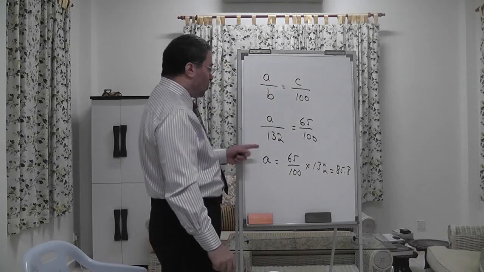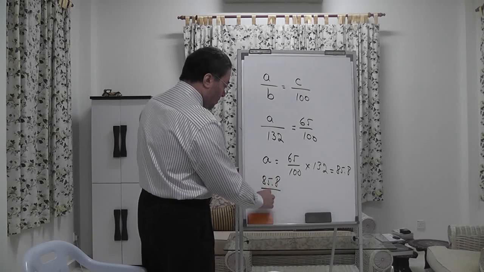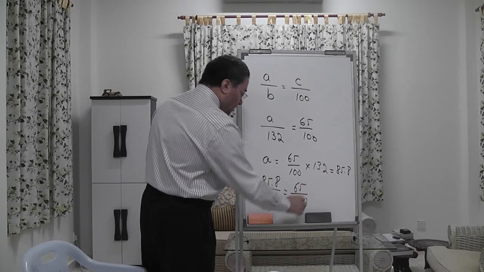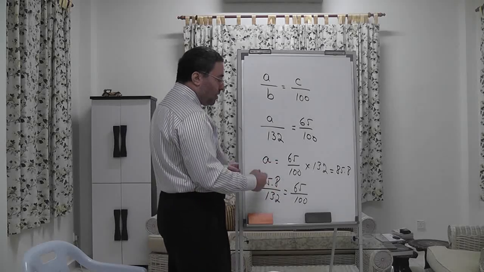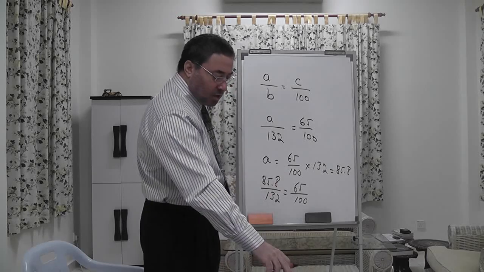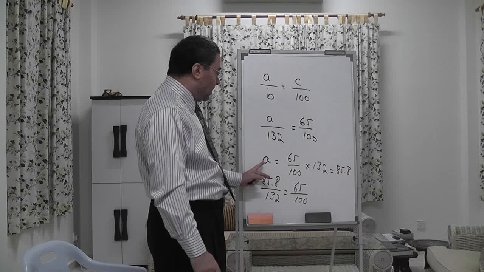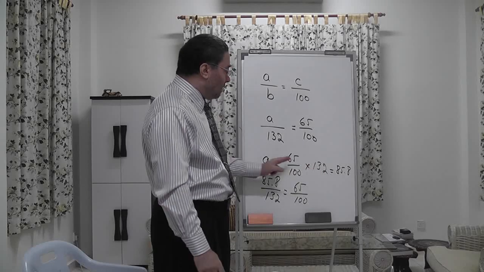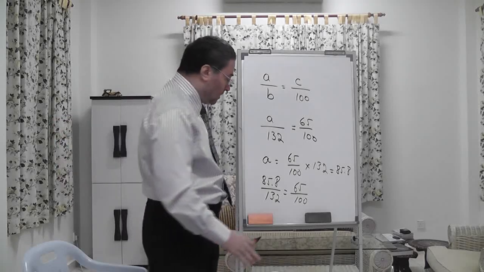So 85.8 compared to 132 is the same as 65 out of 100. That's what we are saying. In the future, whenever we want to get the percentage of a number, what percent so and so of a certain number, we simply multiply the number times the percent, and we get the number. We are not going to go through this. We will simply get 132 times 65 over 100, and that's how we are going to do the rest of the exercises.